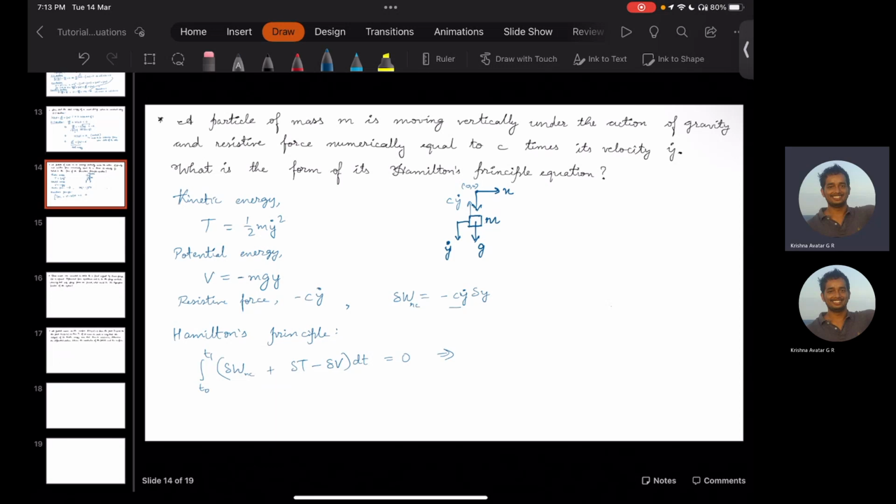Thermodynamically, work done on the system is positive, and work done by the system on external bodies is negative.